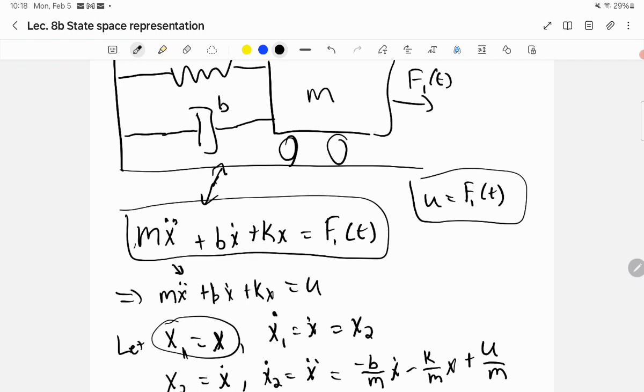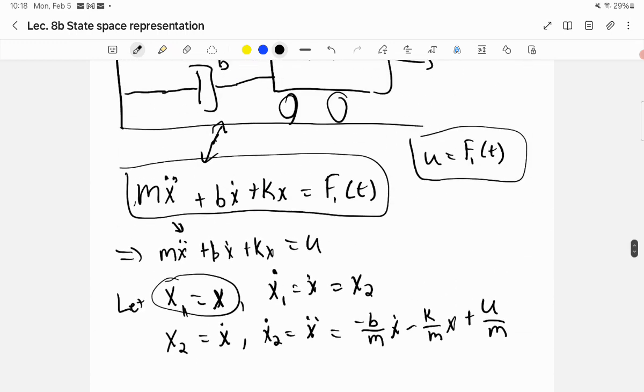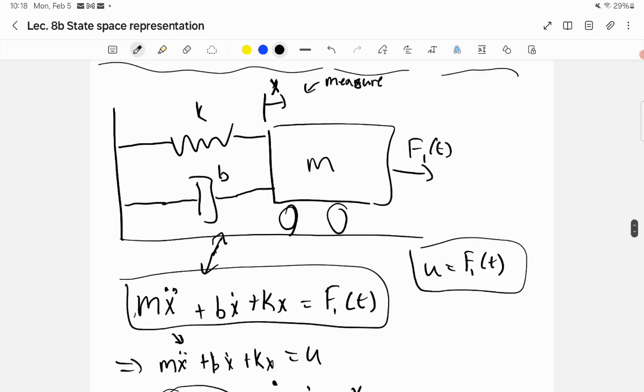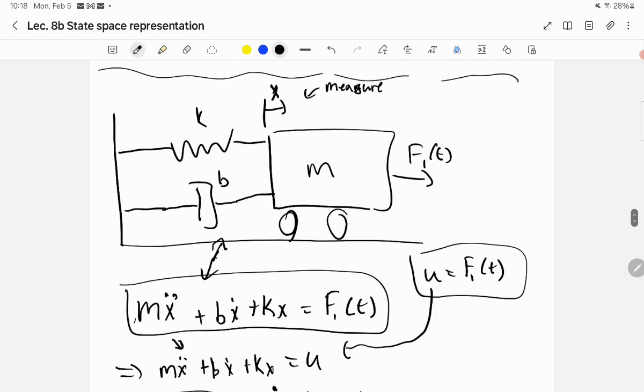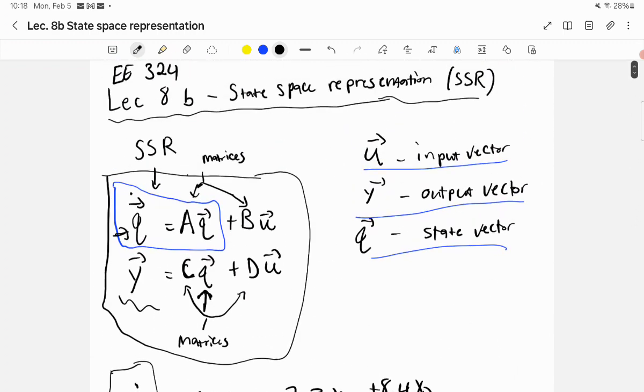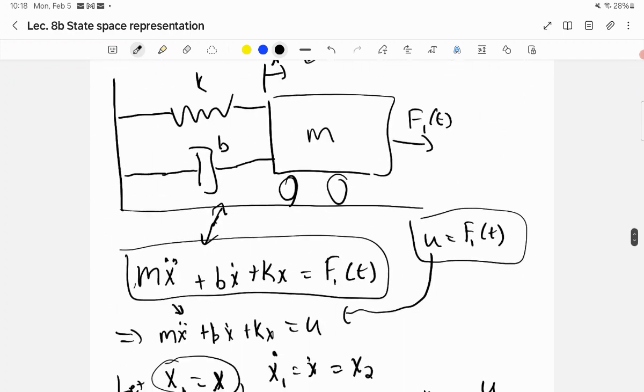So I'm not going to actually draw the free body diagram here, but you should be comfortable at this point with drawing the free body diagram. And if you do, you'll find that this is the equation that we get: m x double dot plus b x dot plus k x is equal to F1 of t. And again, I'm going to make that substitution u in there because we're going to write it in the form of the state space representation. So we think of that as the vector u.